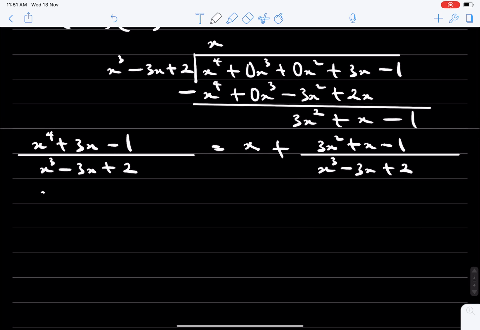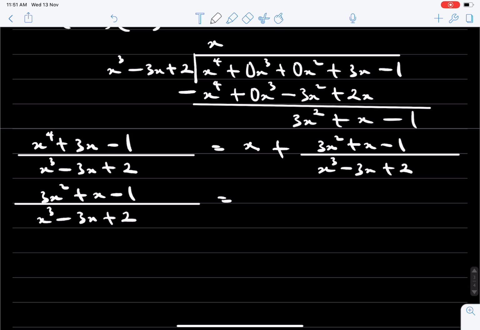So 3x squared plus x minus 1 divided by x cubed minus 3x plus 2 is equal to, I want to factorize.